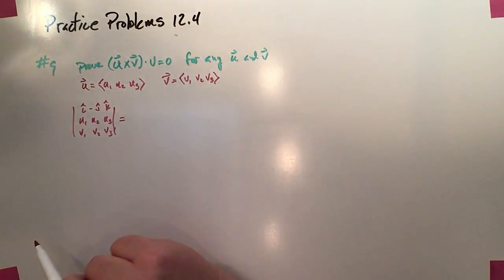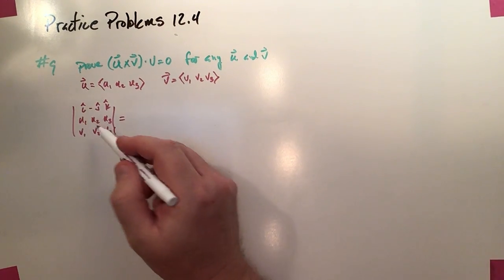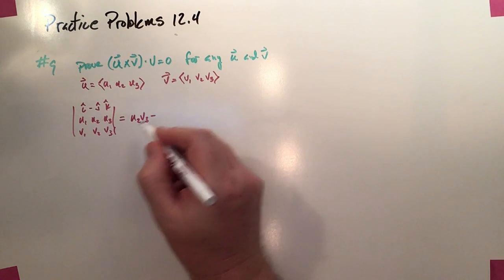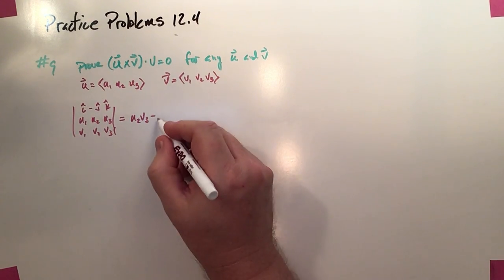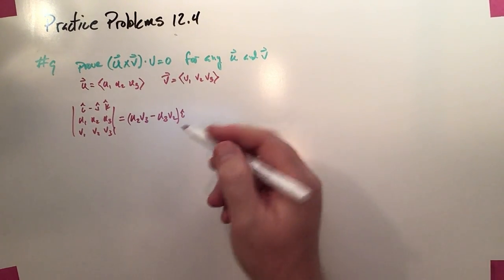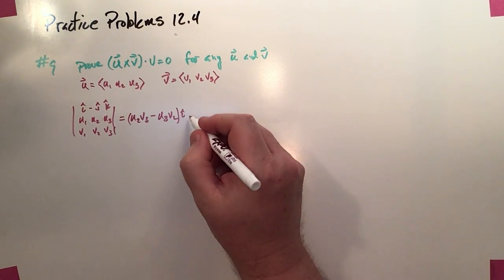And what this is going to give us is a vector with the following coordinates. We block off the i row and column, and that's u2 v3 minus u3 v2. And that will be in the i direction, the x component of the cross product.